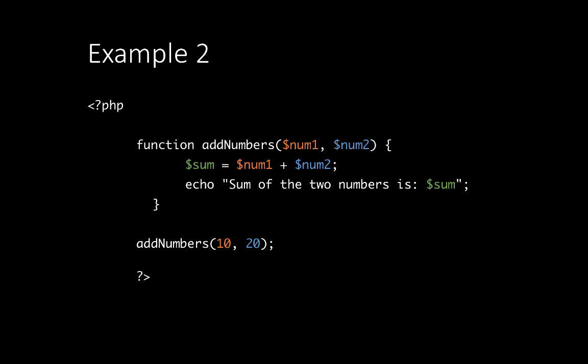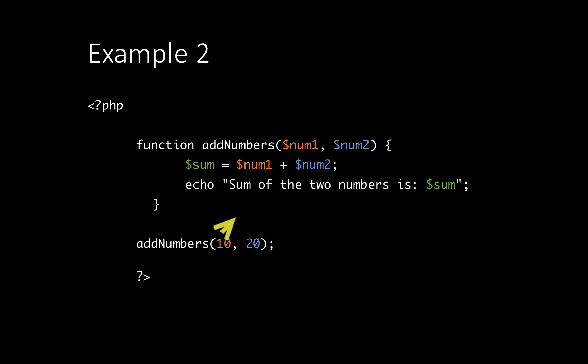Now notice, the nice thing about using variables here is that the numbers passed into the function can be anything, but it's still always going to add num1 to num2. When it's done, it echoes the sum of the 2 numbers is, and then shows the sum. After we close this function, we call it, add numbers, with the 2 numbers we are using.